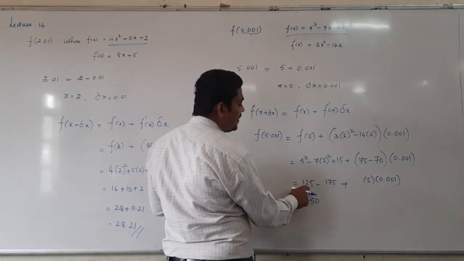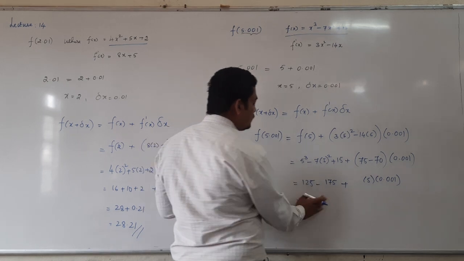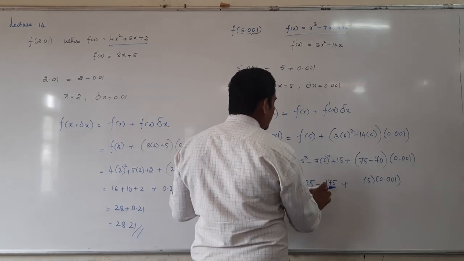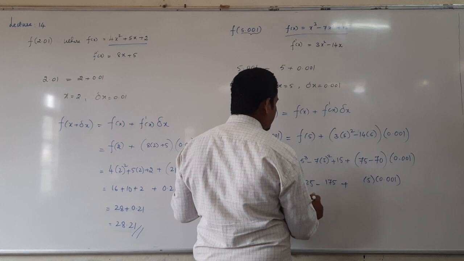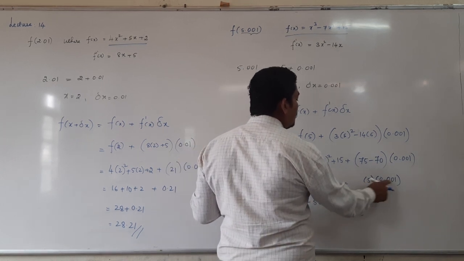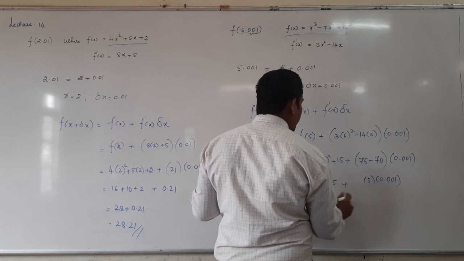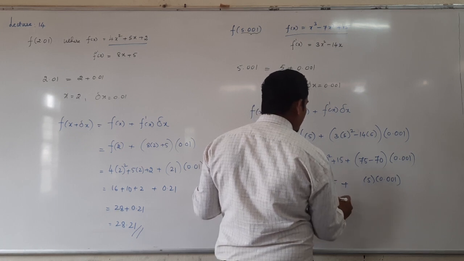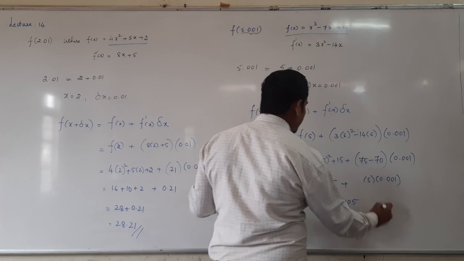It is 125 minus 175, plus 15 with the 100 cancelled, means minus 50, plus 5 into this value, it is 0.005, right?